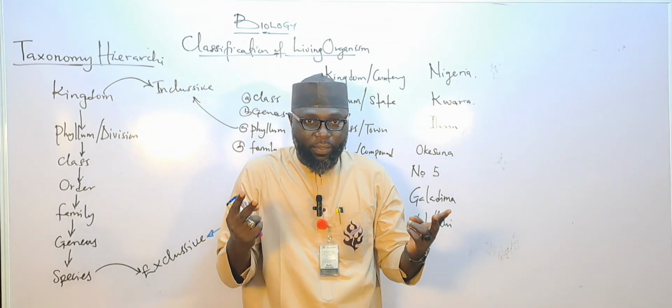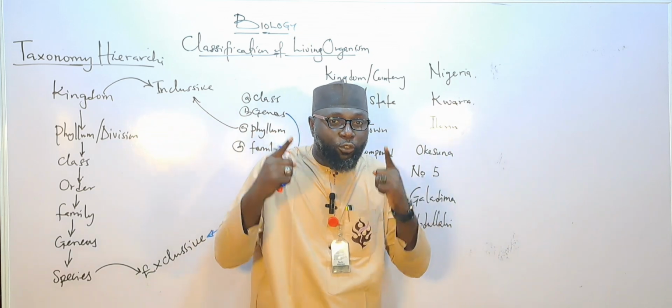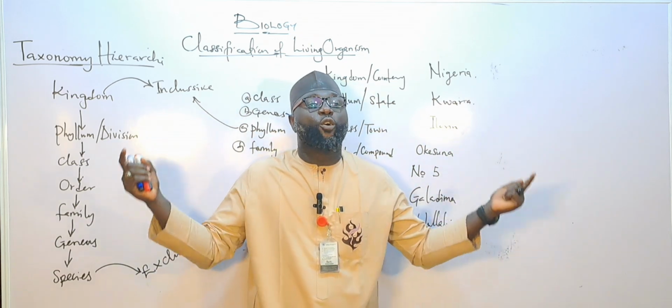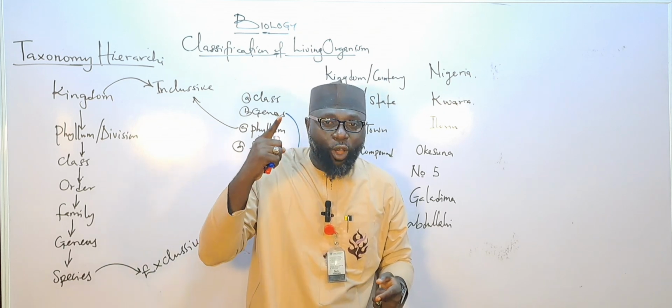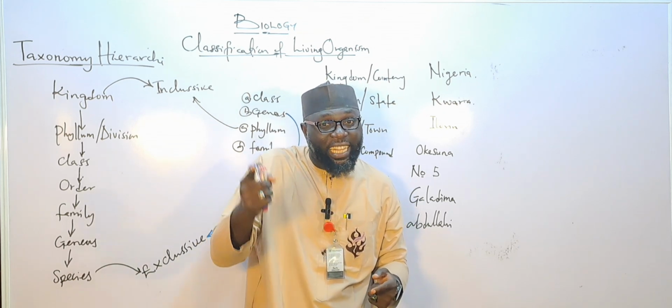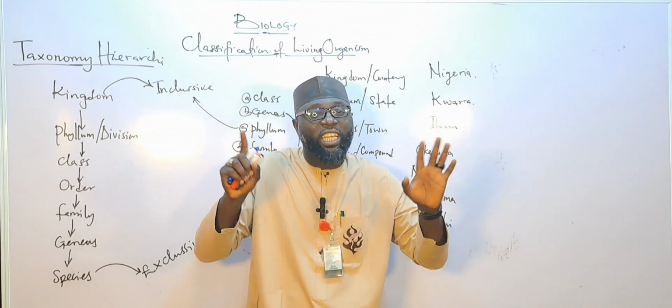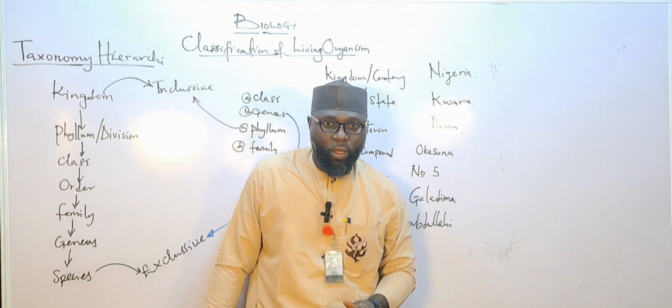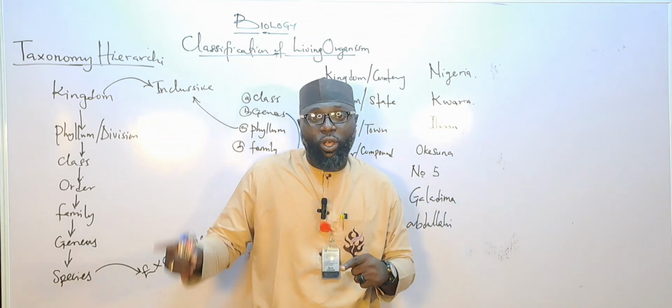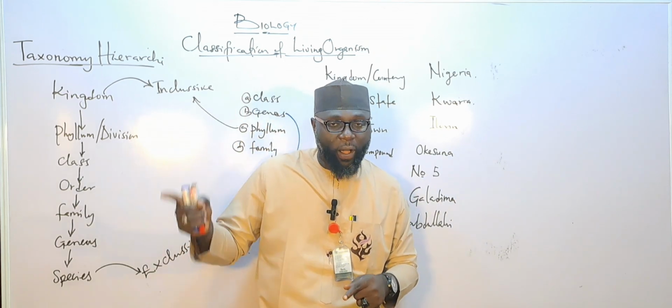And after that, we move to the historical development of classification. I said the first scientist that came to classify all living things into 2 was Aristotle. Aristotle was a Greek philosopher.